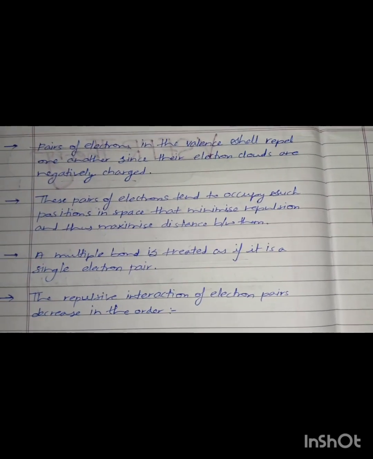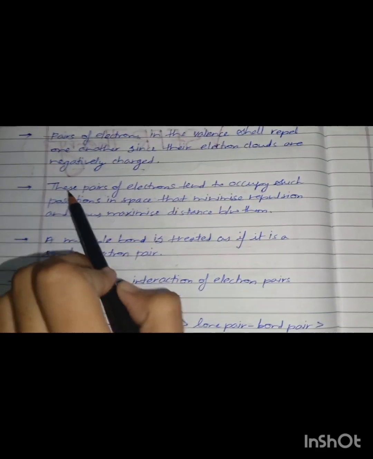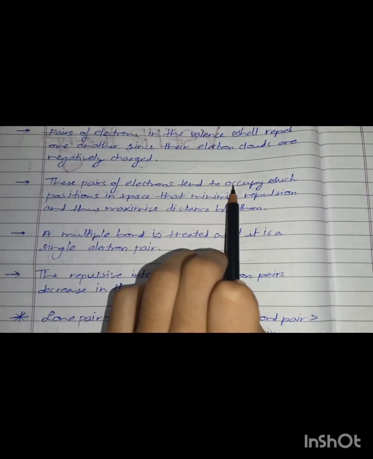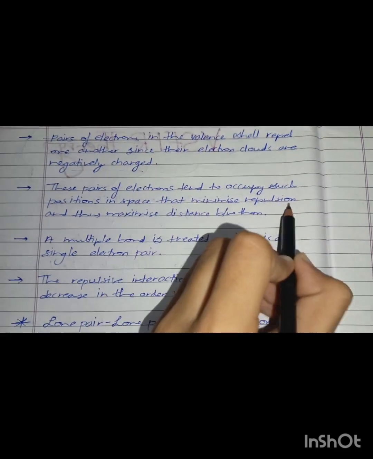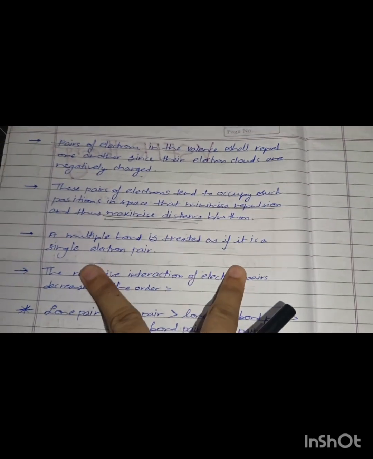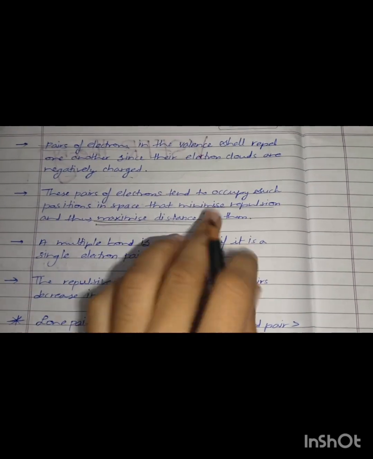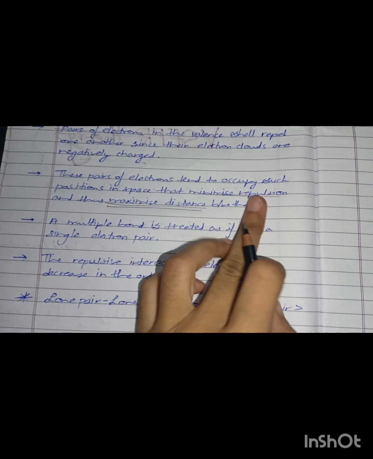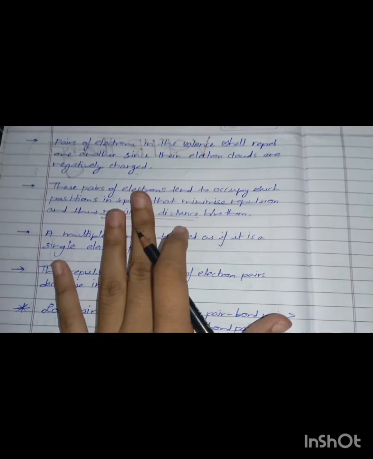These pairs of electrons tend to occupy such a position in space that minimizes repulsion and maximizes distance between them. If two negatively charged particles are away from each other, the repulsion between them will be less. In the same way, to minimize repulsion, we have to maximize distance between them. I hope this point is clear.